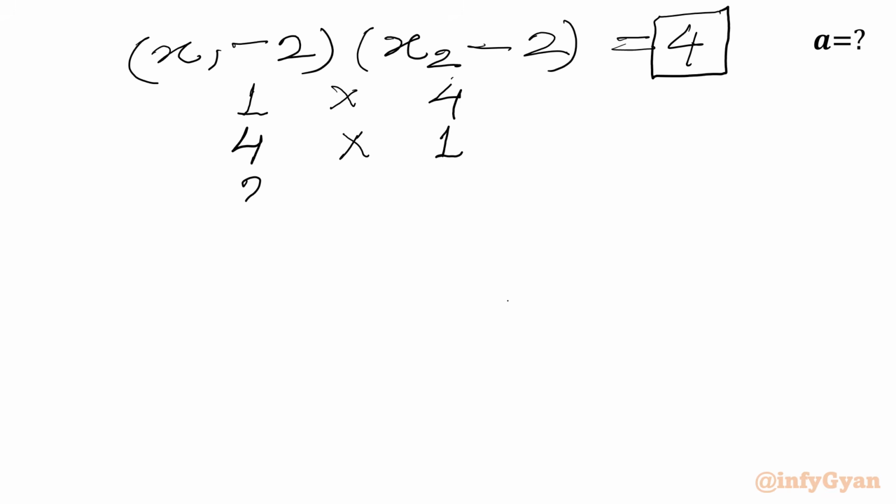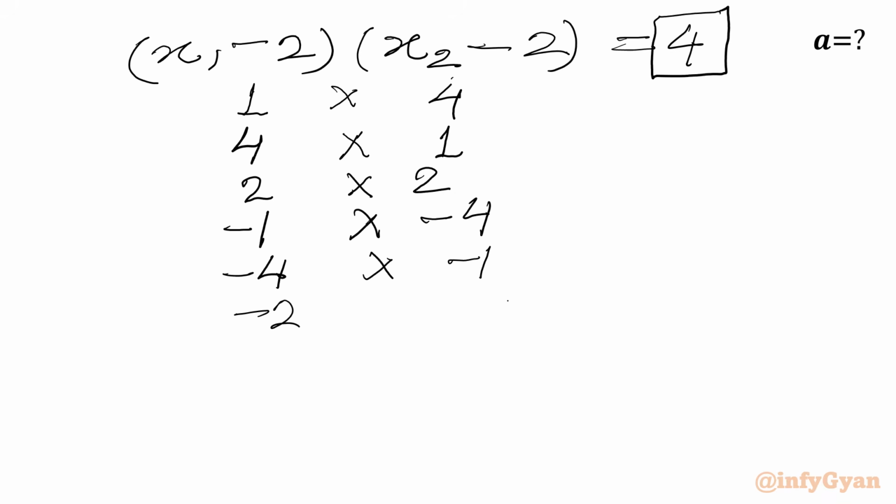We can also consider both brackets equal to 2, product will become 4. Now we will consider negative integers. So minus 1 times minus 4 will also give plus 4. Minus 4 times minus 1 is also plus 4.